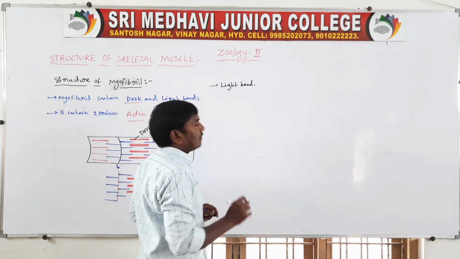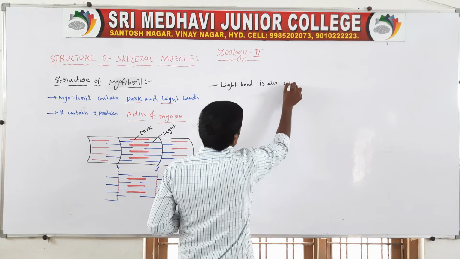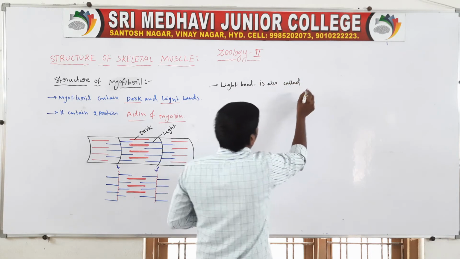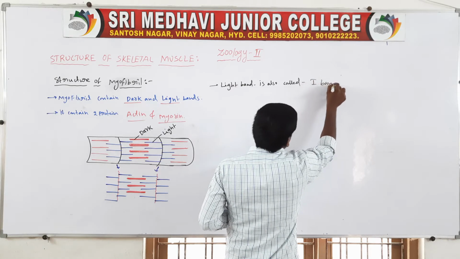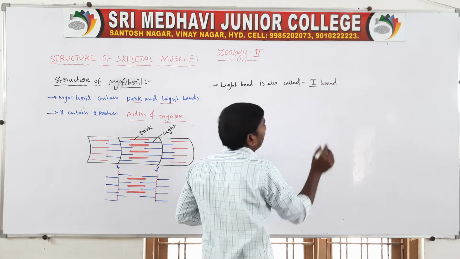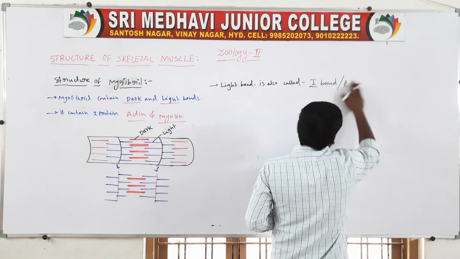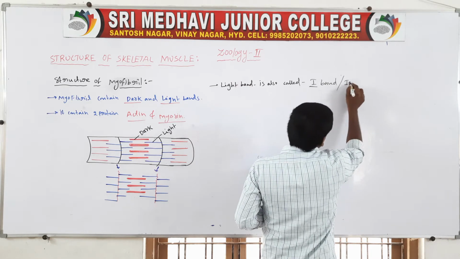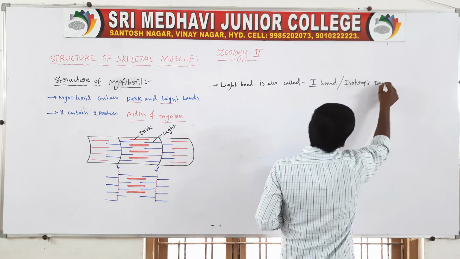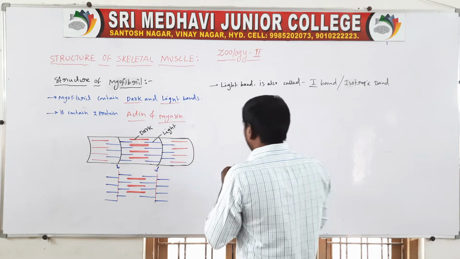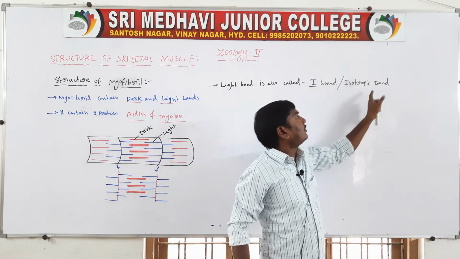The light band is also called the I band or isotropic band.